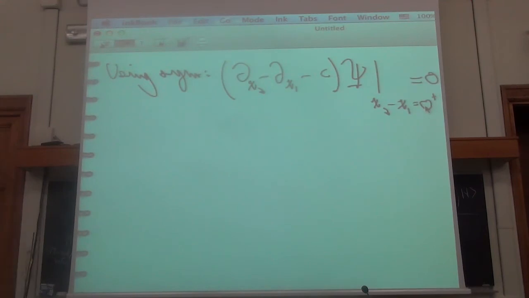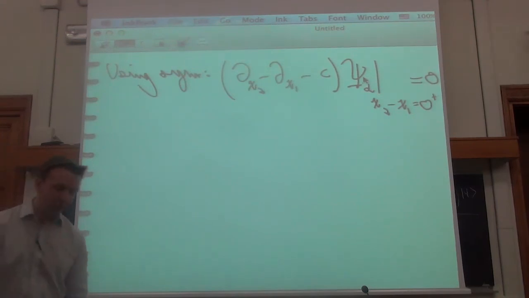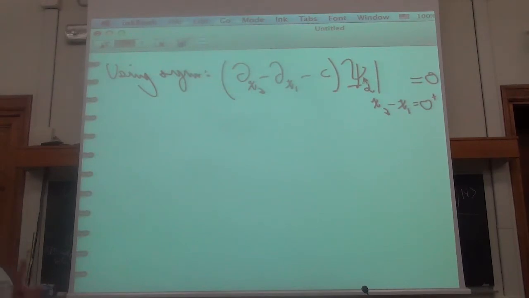Now essentially the strategy for the solution is as follows. We are looking for a wave function psi2 which is defined for all coordinates x1 and x2. Of course if x1 is different than x2, then the interaction term of the Hamiltonian is 0, and therefore the solution of the Schrödinger equation is just a product of two plane waves.